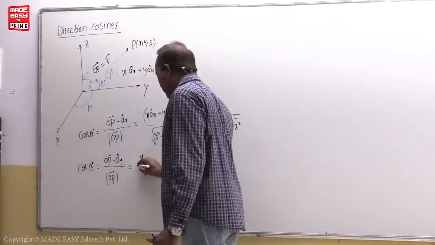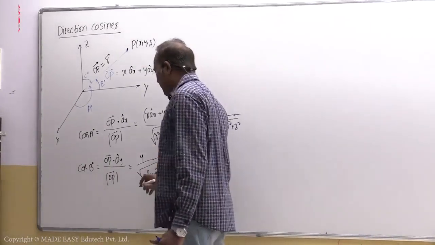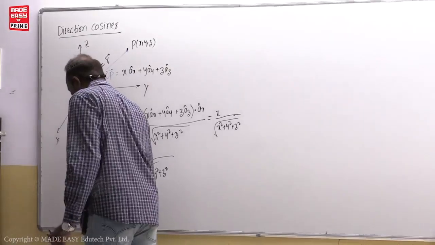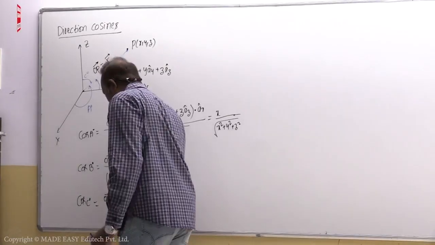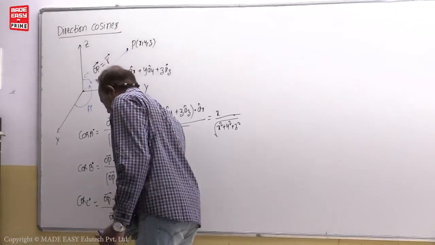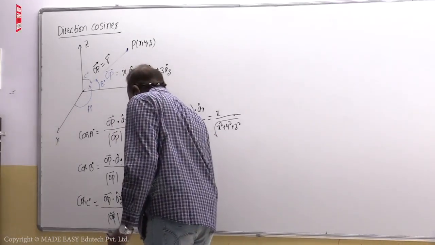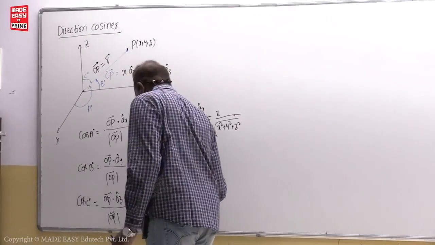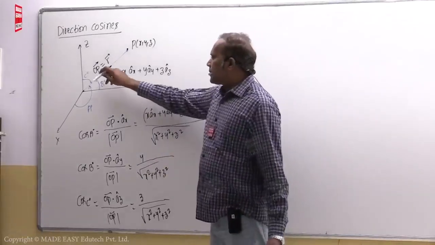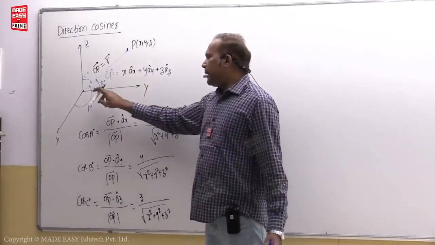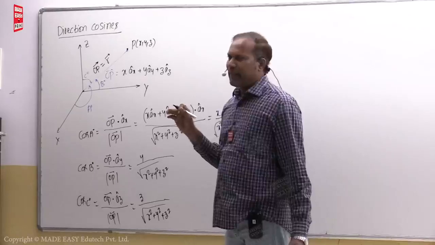Directly I am writing y by root of x square plus y square plus z square. Cos C is equal to OP bar dot az cap divided by modulus of OP, which is equal to z divided by root of x square plus y square plus z square. Actually, this OP bar makes A degrees, B degrees, C degrees with the x, y, z axes respectively.